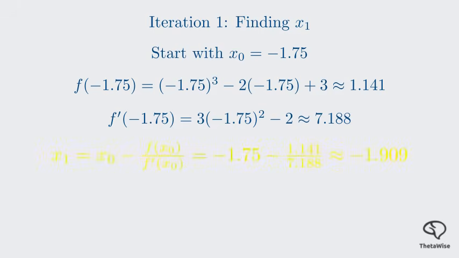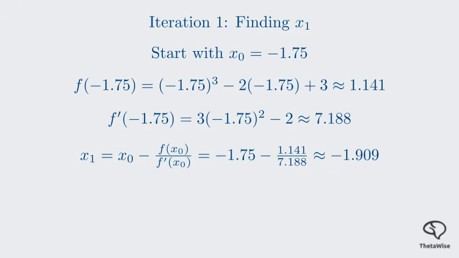Notice that negative 1.909 is a larger negative number than negative 1.75. Looking back at our graph, the root is clearly to the left of the turning point, which is at about x equals negative 0.8, and also to the left of negative 1.75. So this approximation is moving in the correct direction.